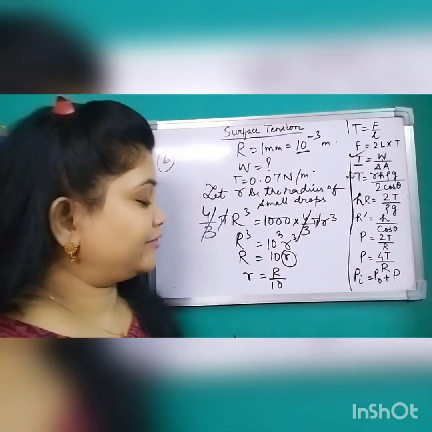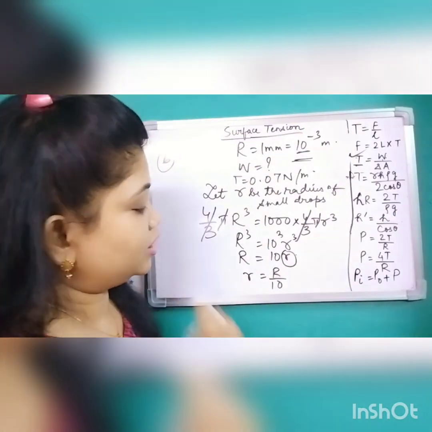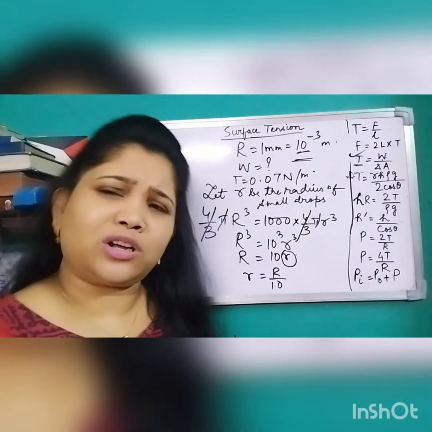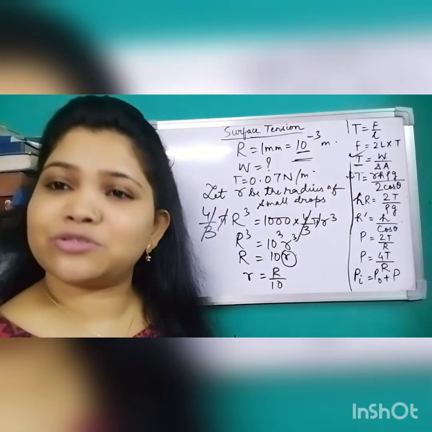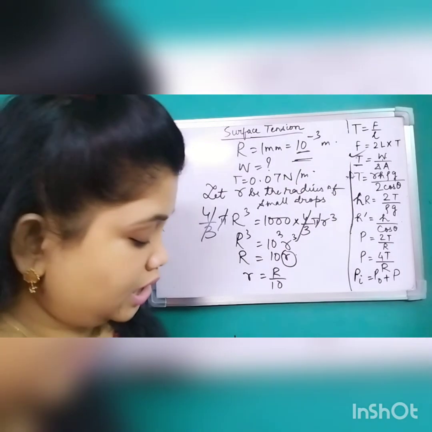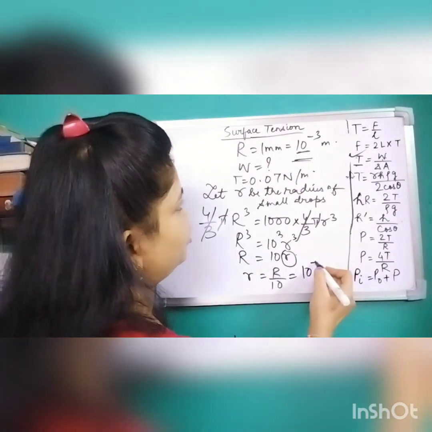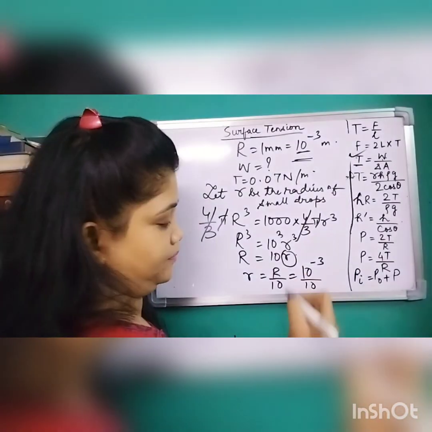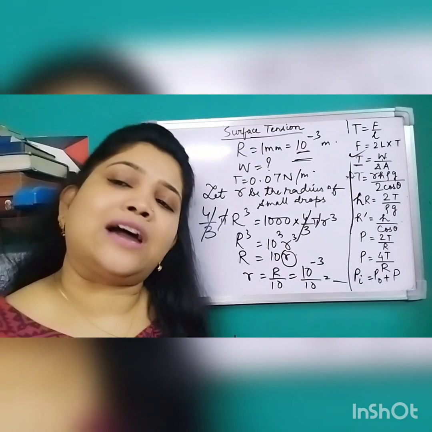So we have the bigger radius given to us, and we have easily got the smaller radius. You can put the value, capital R is already given to you, 10 to the power minus 3 by 10, solve it and get the value of small r, and afterwards also you can put it.